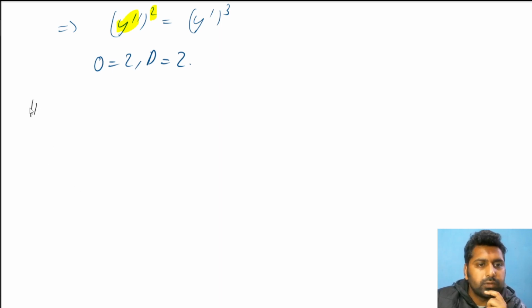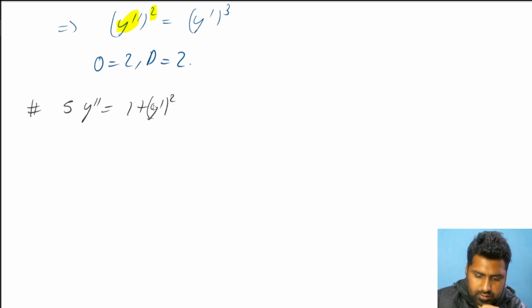It's a good example. 5 y double dash is equal to 1 plus y dash whole square power again 3 by 2.